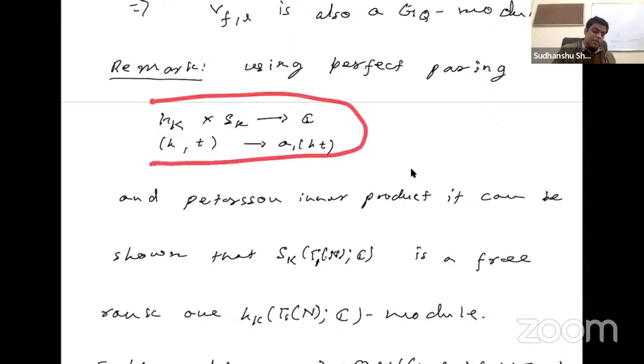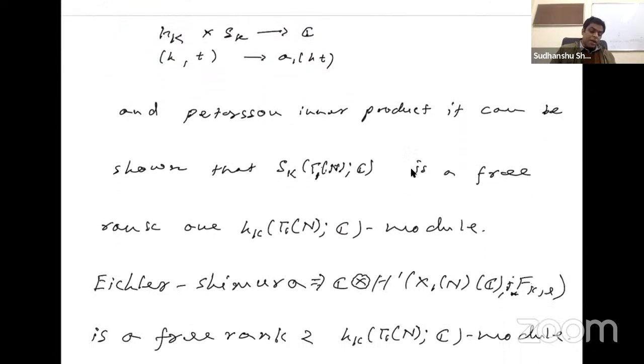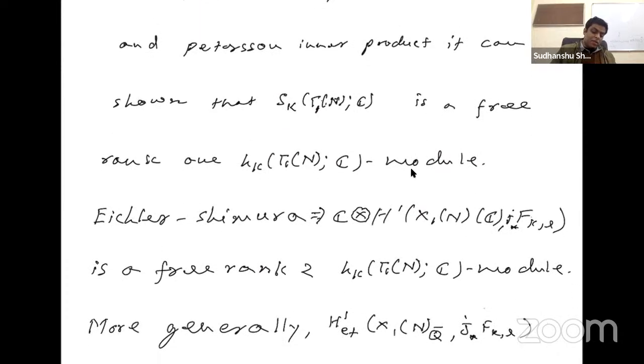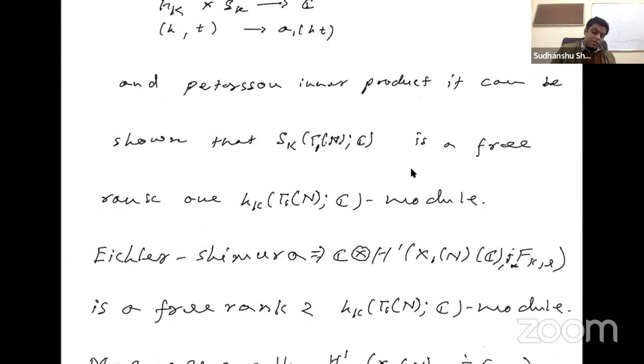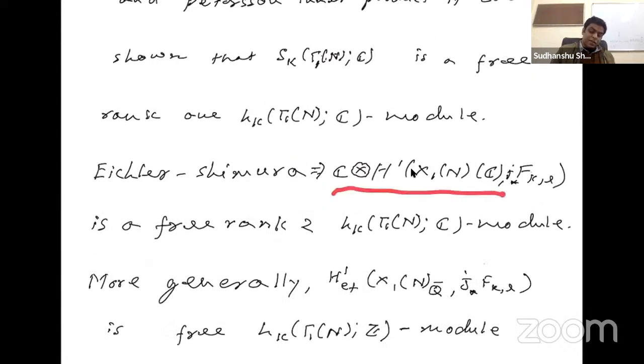They are dual to each other with this perfect pairing. If you combine these two pairings, one sees that this space is actually a free rank 1 module over this Hecke algebra, and then the Hecke isomorphism tells that this is a free rank 2 module, because we had a space of cusp forms and then anti-holomorphic cusp forms. So it's a free rank 2 Hecke module.